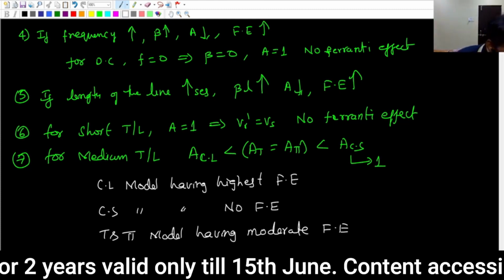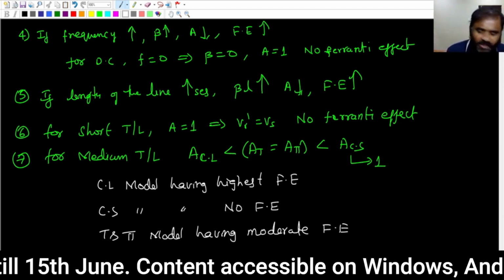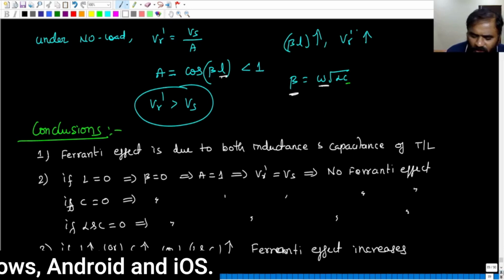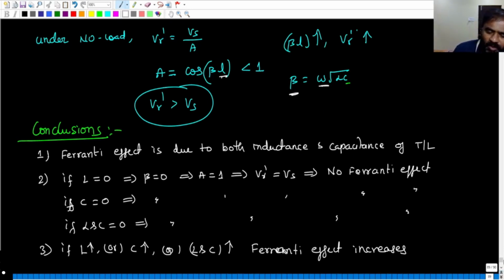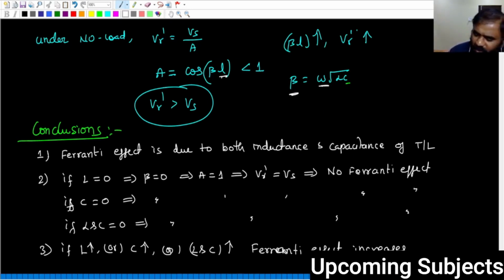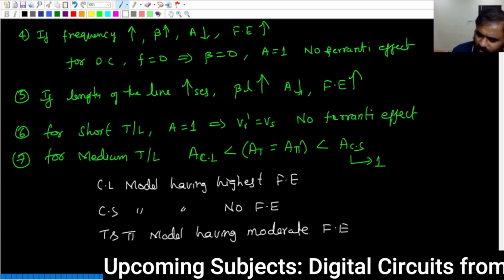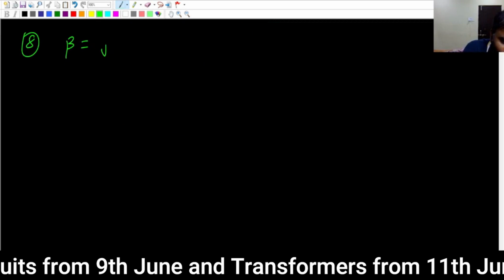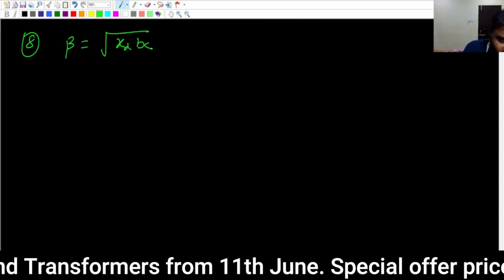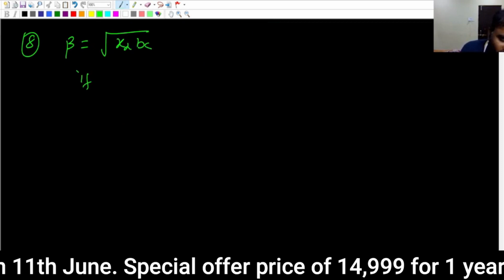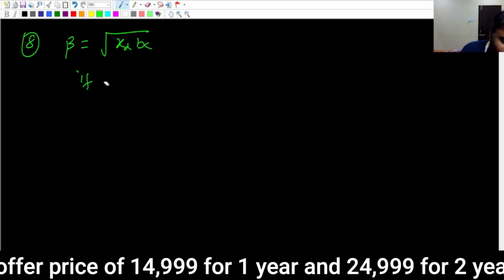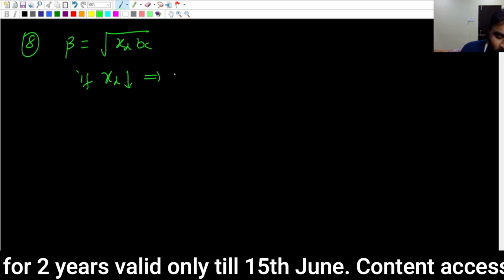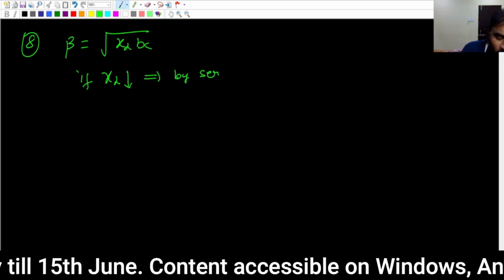Chalo. Now, the next important thing is how to reduce the Ferranti effect. Very simple. To reduce the Ferranti effect, you can go for what? Reduction in beta. Okay, let me write here. See, we know that beta equals root over XL into BC. So if XL is decreasing, how to decrease the line reactance? By using series capacitive compensation.